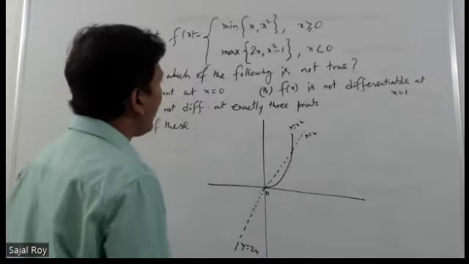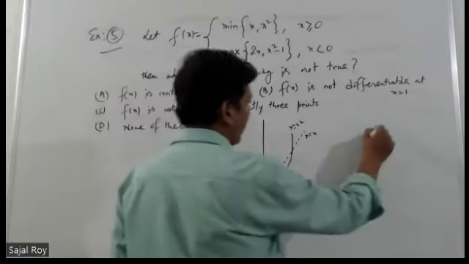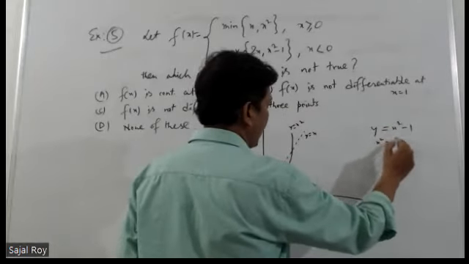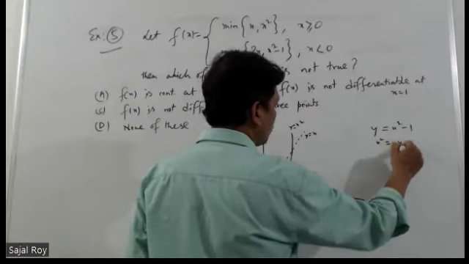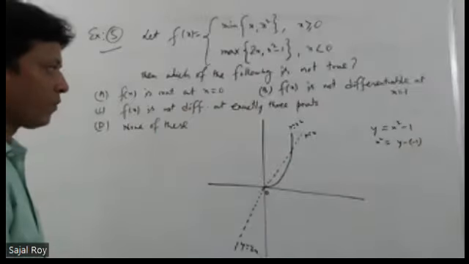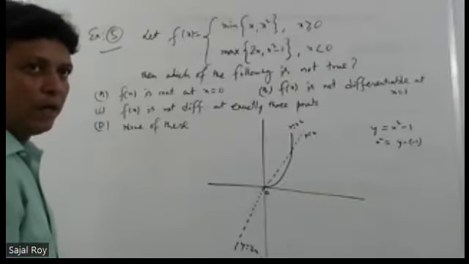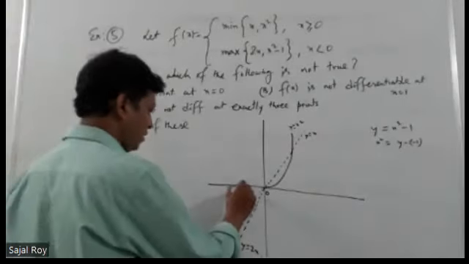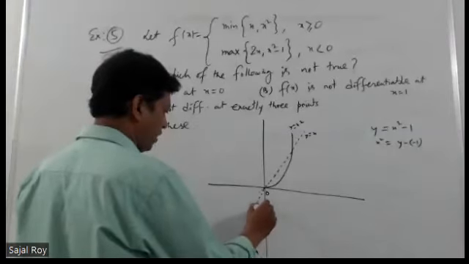And y equal to x square minus 1, so x square equals y plus 1. This is a parabola with vertex at (0, minus 1), somewhere here.